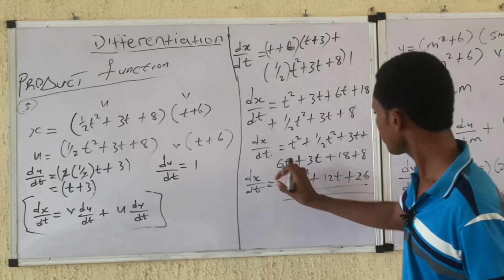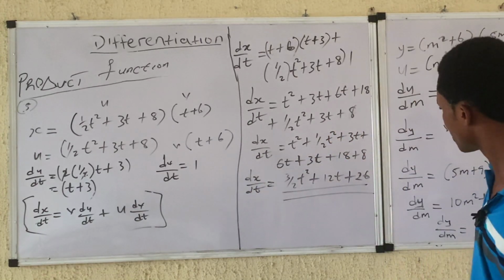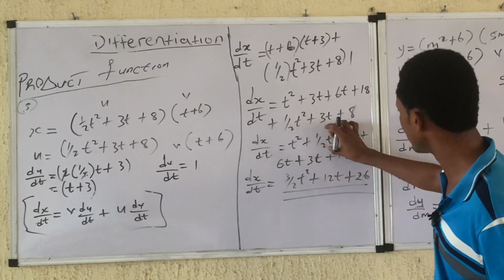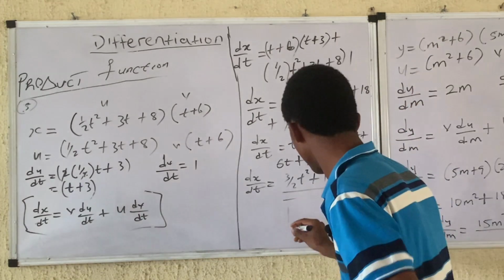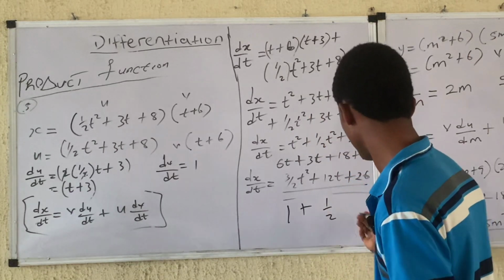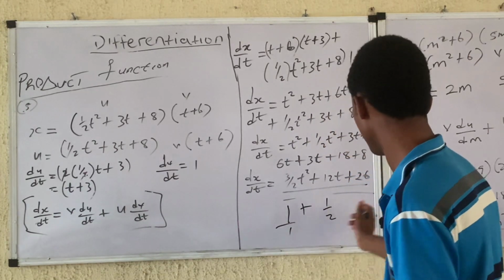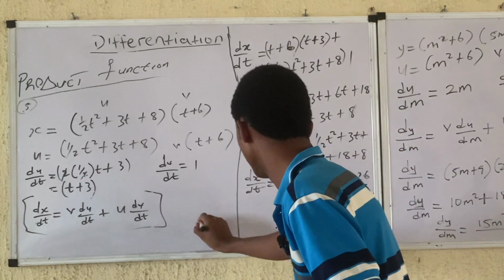Now, dx/dt equals, now we add this one together, 1 plus half. Just the same thing, 1, right? Look for the LCM of 1 and 2 to give you 2.